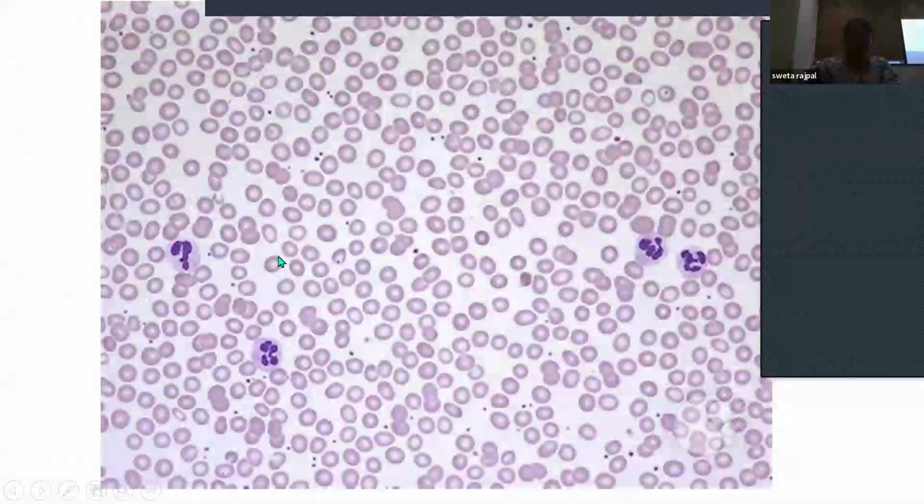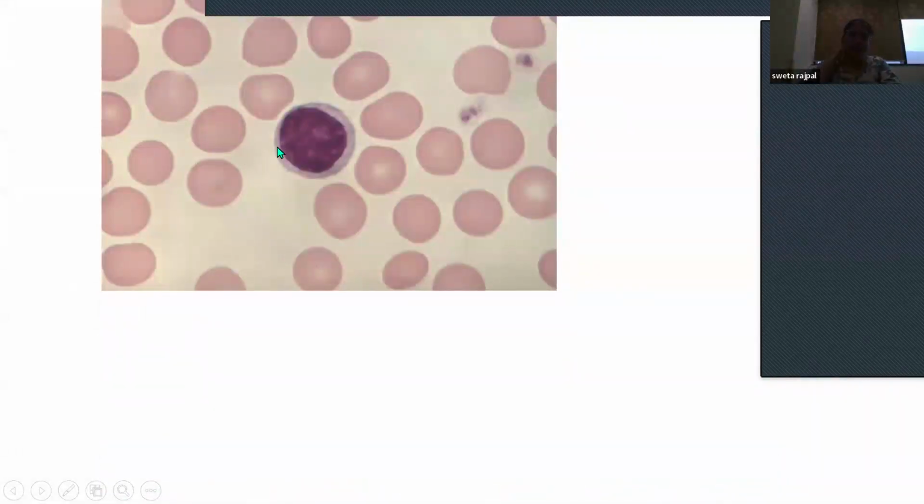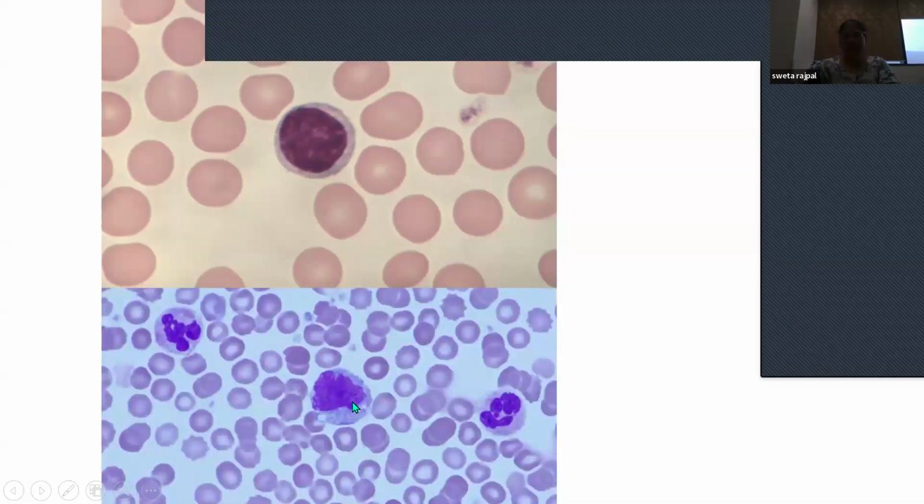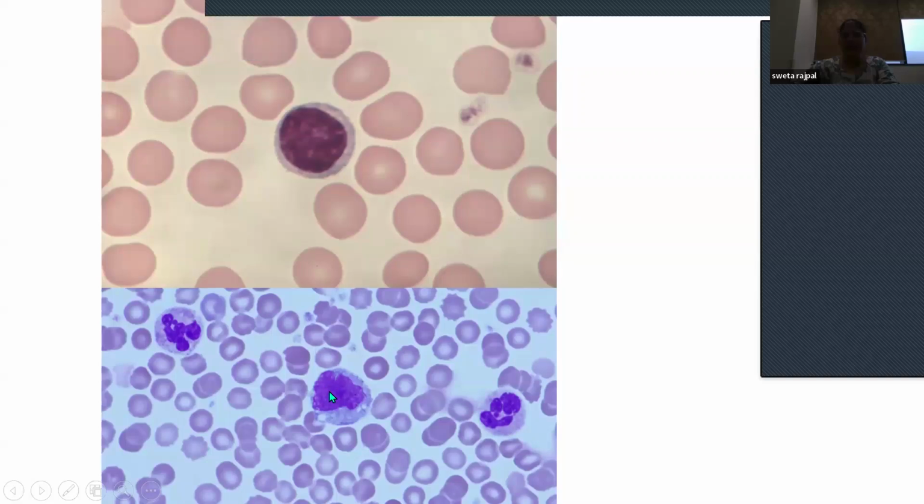Then if we go further, what is this cell? Smallest cell in the peripheral blood, clumped chromatin, scant amount of cytoplasm. This is a lymphocyte. Then what is this cell? Gray cytoplasm, nuclei less condensed as compared to a lymphocyte, and kidney-shaped nuclei.